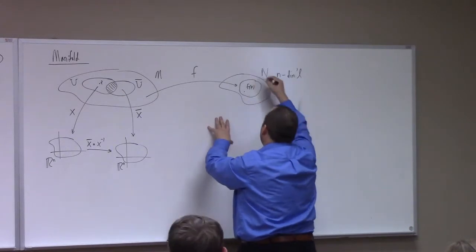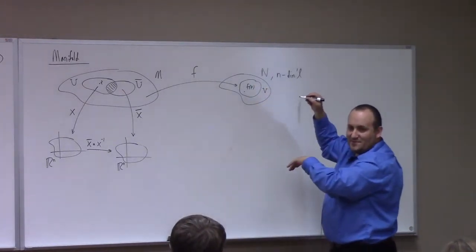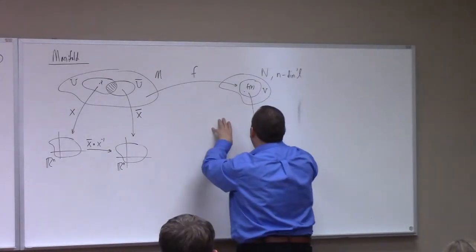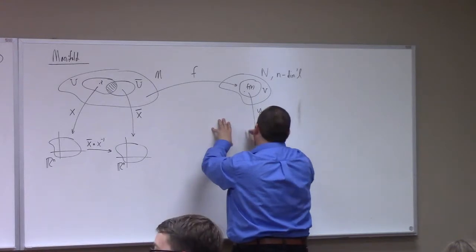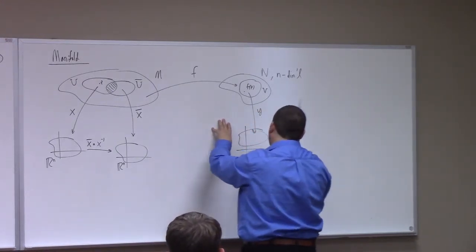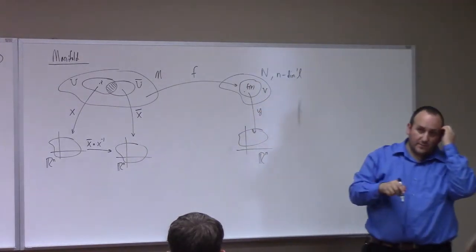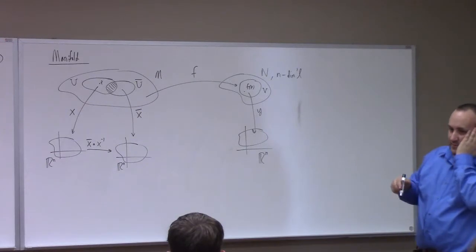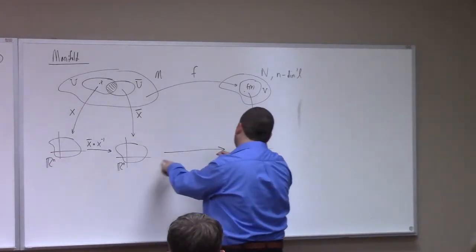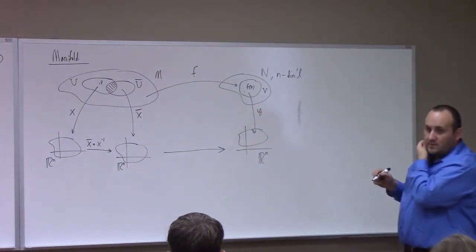Let's say the chart over here is V, and there's some kind of y down here to Rn. What it means for a function from one manifold to another to be smooth is that this local coordinate representative has to be smooth.